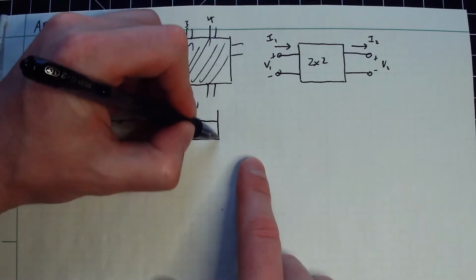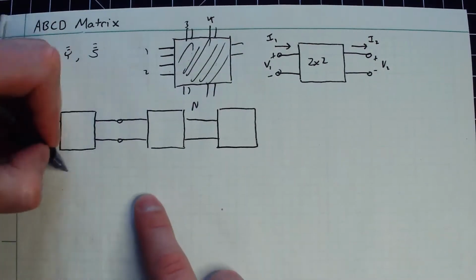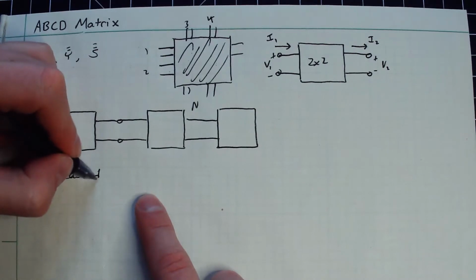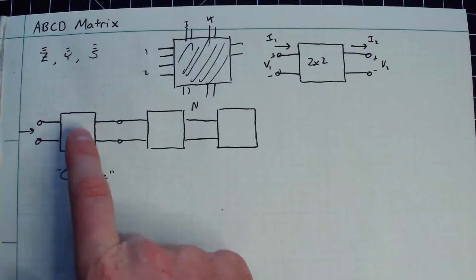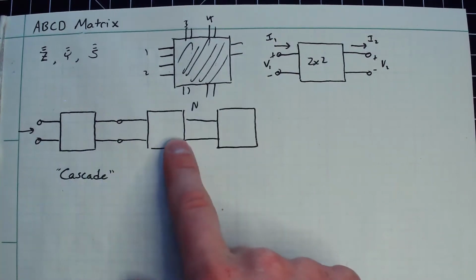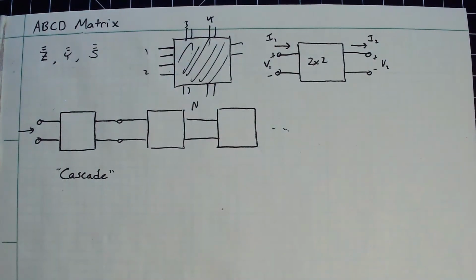Okay, and we'll just keep going. So this is called a cascade, right? So I have some input here, and something happens within this box, which then feeds to the next box, which feeds to the next box, and so on and so on.